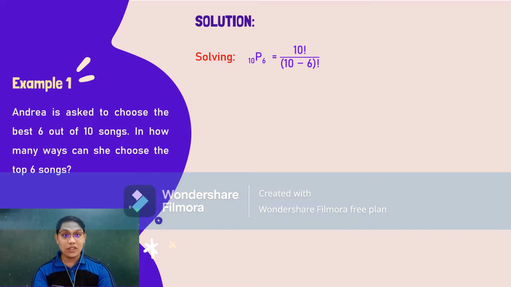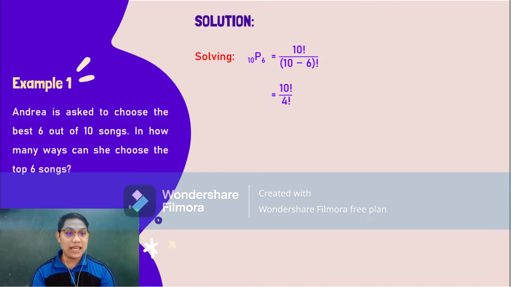The first thing that we need to do is substitute the given values of n and r into our formula, making our solution the permutation of 10 taken 6 at a time equal to 10 factorial over the factorial of 10 minus 6. Then we subtract the denominator, making our solution now 10 factorial over 4 factorial.